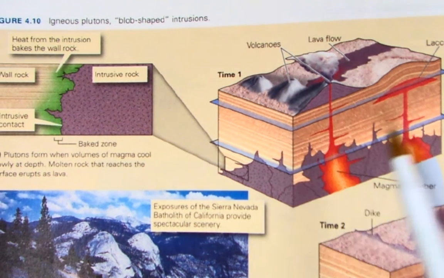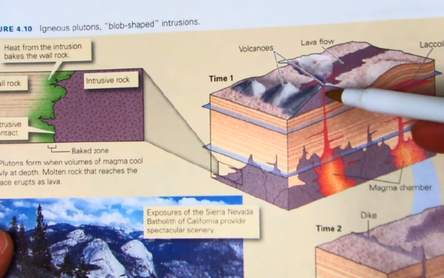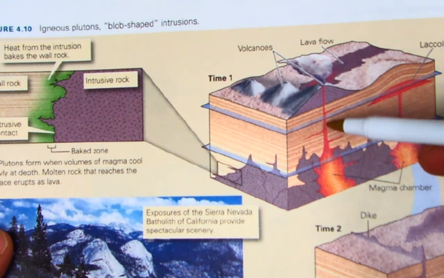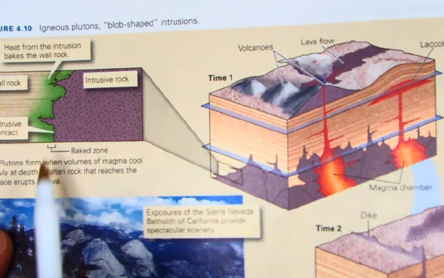In fact, I probably didn't mention this one, but this is a special type of dike here. This dike that feeds magma to the volcano is called the feeder dike. The feeder dike, right? So there are feeder dikes, there are sills. Here's a dike that comes up here that ends up ponding into a sill that eventually forms a laccolith, right?